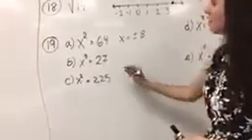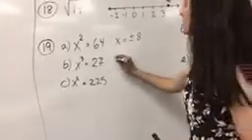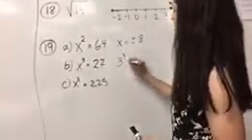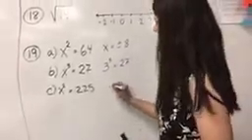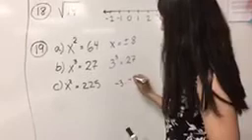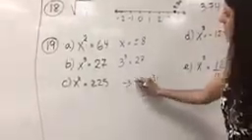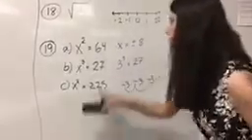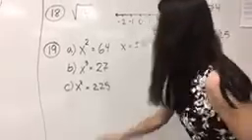Here we have to find a number that cubed is going to give me 27. You guys told me today it's a 3, because 3 cubed gives me 27. Well, could it be negative 3? Let's see. Negative 3 times negative 3 times negative 3 is negative times negative, positive. Positive times negative gives me a negative. And my answer has to be positive, so it cannot be negative when it's cubed.